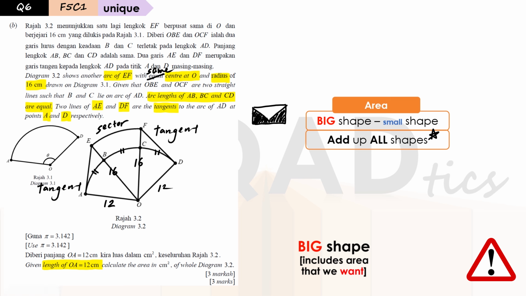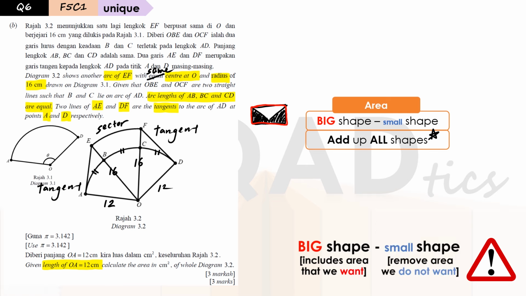So the recognizable shape would be the rectangle here. This would be our big shape because it includes the area that we want. But of course, this cannot be our answer, because it includes the areas that we do not want.